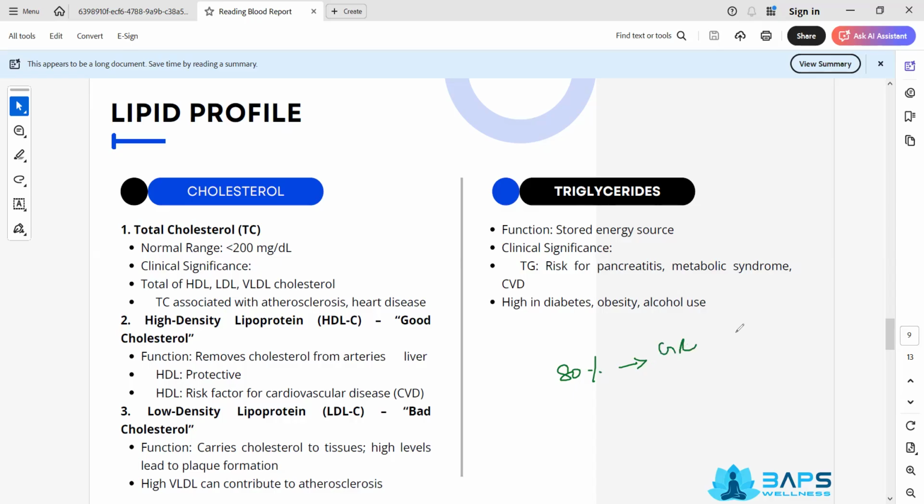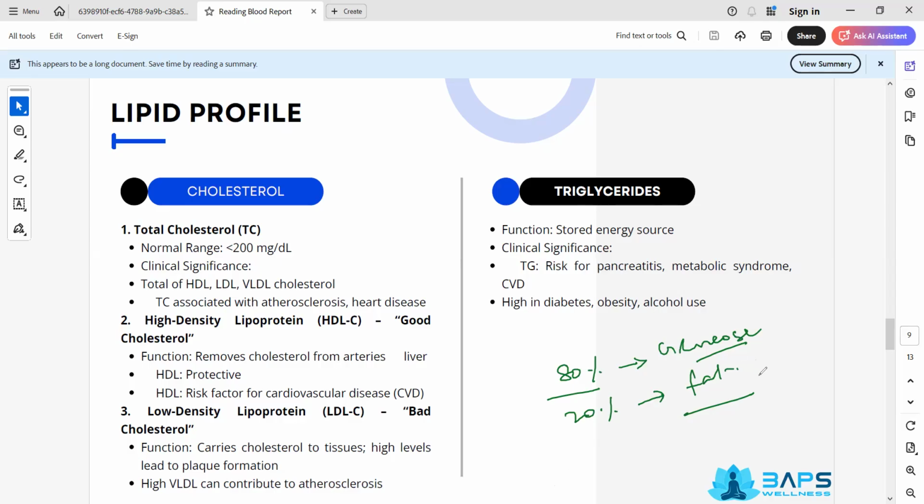80% of the cholesterol is produced from the glucose only. And only 20% from whatever fat and protein that you take. So it is not the butter, it is the bread which is the culprit.